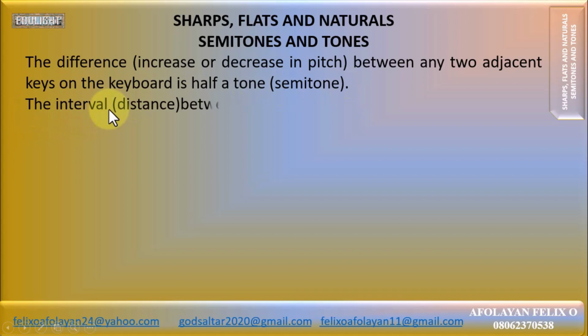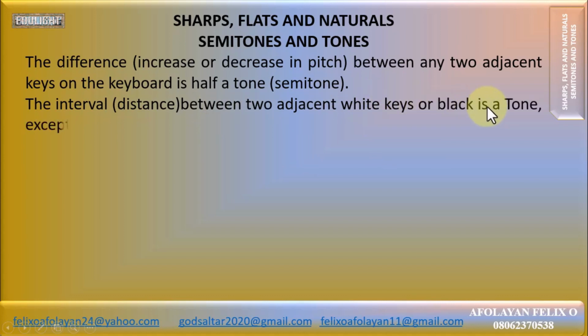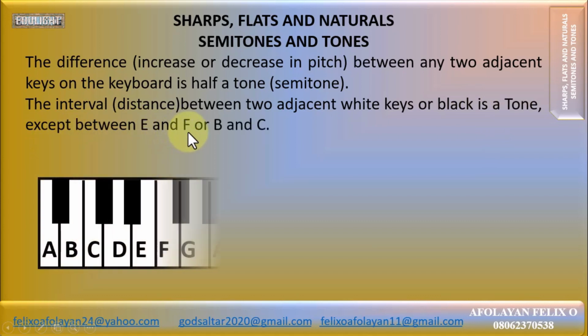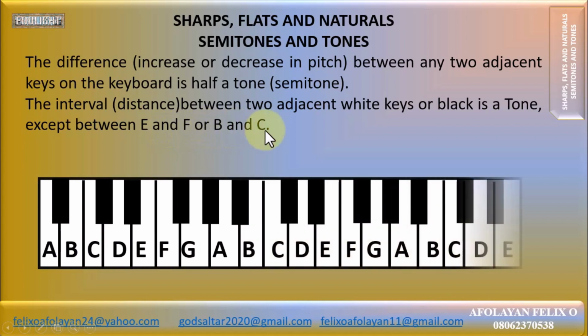The interval, that is distance between two adjacent white keys or black, is a tone, except between E and F or B and C. That is, as we can see in the keyboard below.